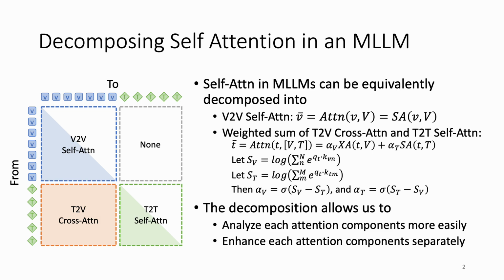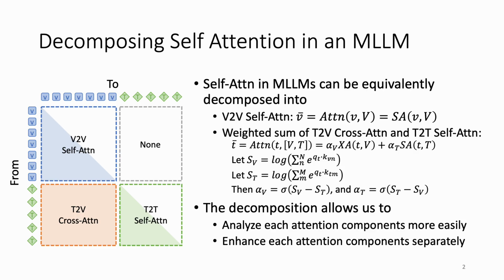To analyze the interaction between visual and textual tokens within a multimodal model, we decompose self-attention in an LLM into V2V self-attention, T2V cross-attention, and T2T self-attention. In this decomposition, V2V self-attention remains unchanged, while T2V cross-attention and T2T self-attention need to be merged with weights proportional to their log sum of exponentials.